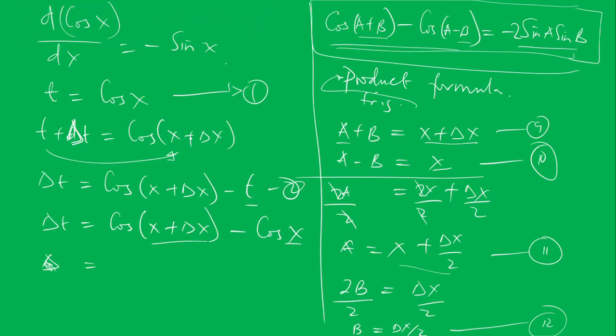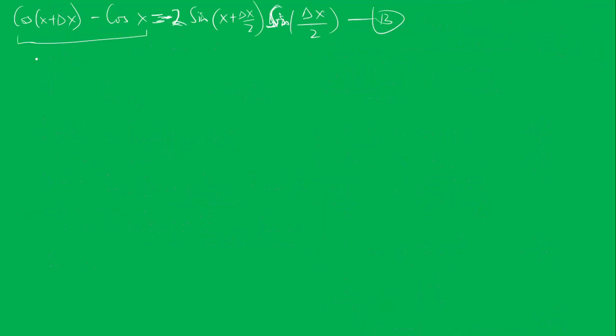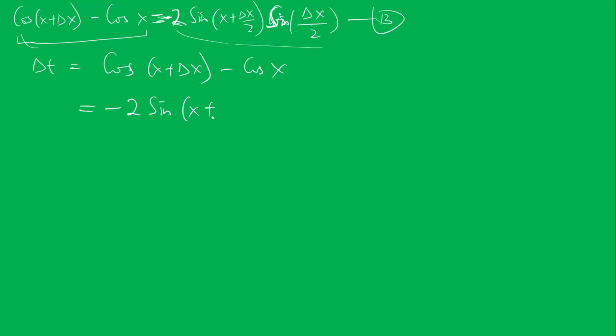Now substituting equation 13 into this equation, you now have delta t is equal to cos x plus delta x minus cos x. So where we see this, if we replace it with this, we will now have minus 2 sine of x plus delta x all over 2, then sine delta x all over 2.